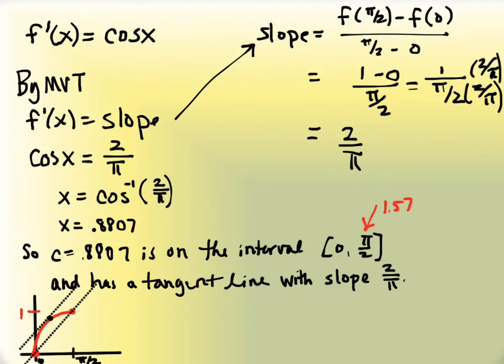If I've drawn it well, these two lines should be parallel. It should really look like a tangent line. Mine looks not quite right. But you have the right idea. This would be the location C here that is between 0 and pi over 2. This is the picture that they're referring to. Any questions on that one?